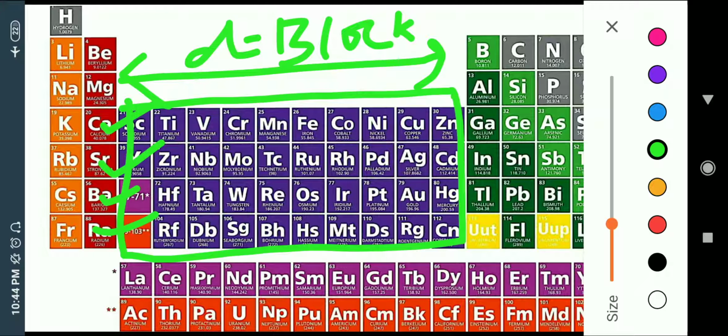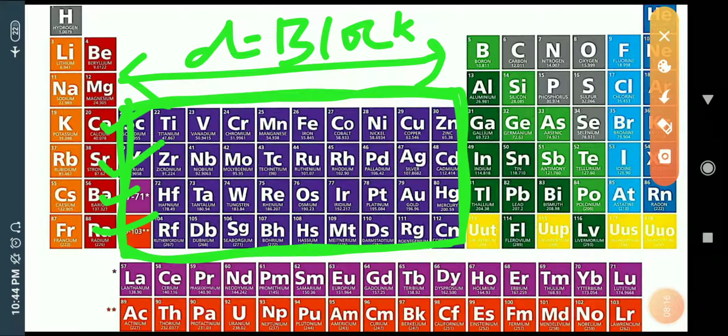All these transition elements are metals, so these are also called transition metals. All the elements present in the D block are called D block elements, or we can say transition elements also.